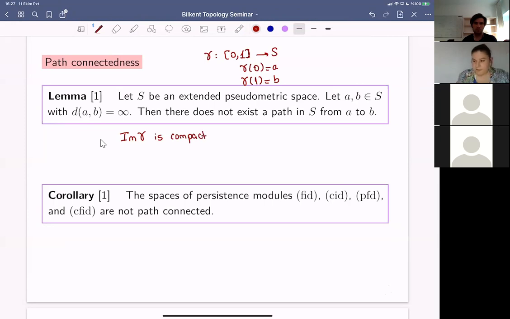We can consider an open cover, the open balls with radius 1 centered at x, for x in the image of gamma. So this is an open cover, and since the image is compact, this cover has a finite subcover.